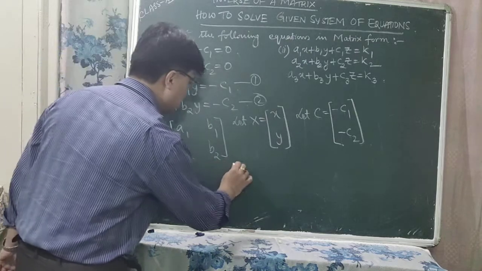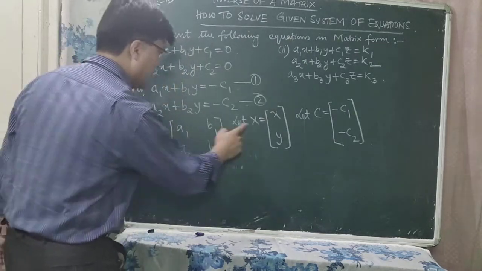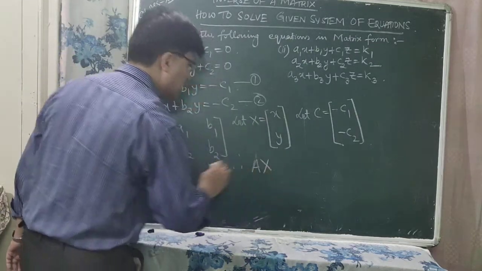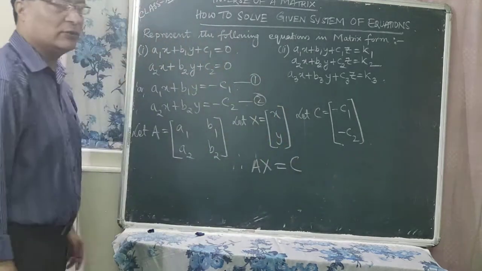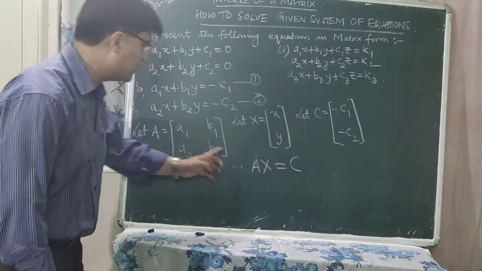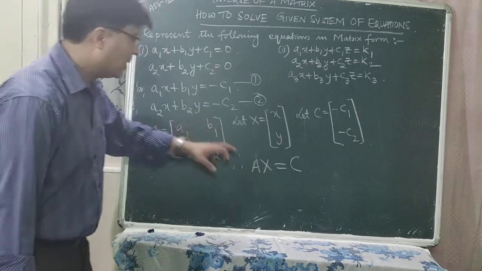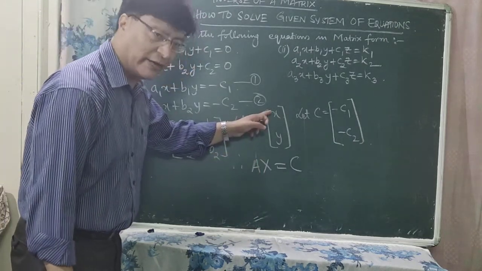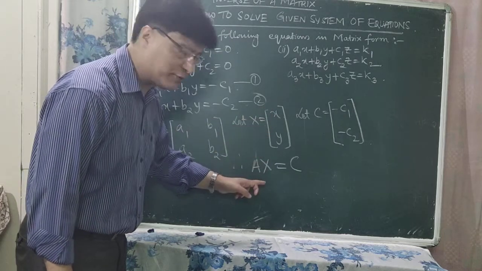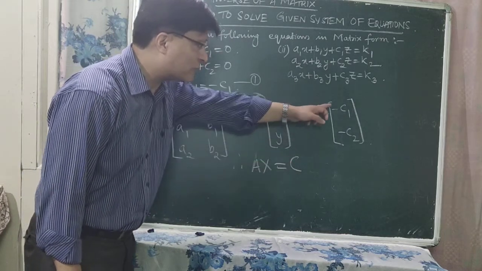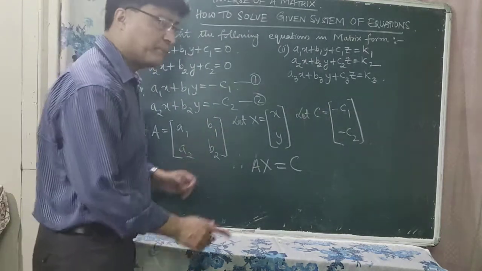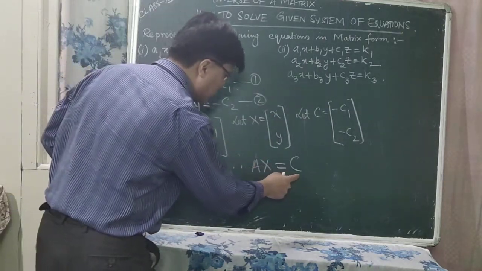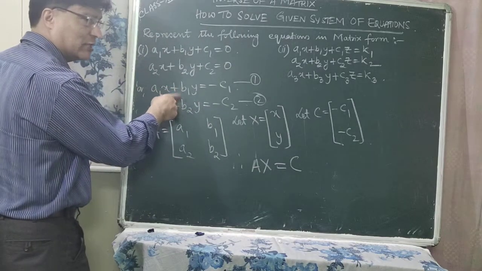Therefore you should write A into X is equal to C, where capital A is the coefficient matrix, capital X is the column matrix of variables x and y, and C is the constant matrix, that is minus c1 and minus c2. Again, you can change this matrix equation back to the given system of equations.